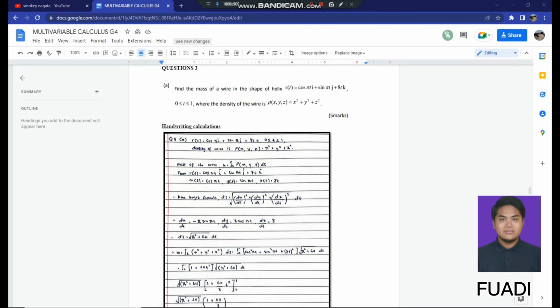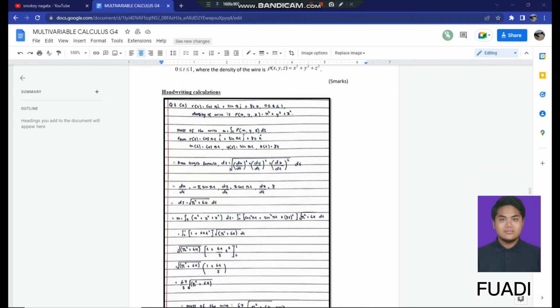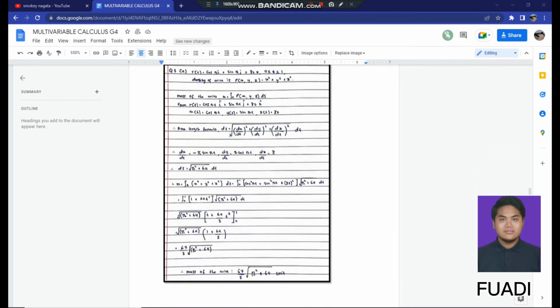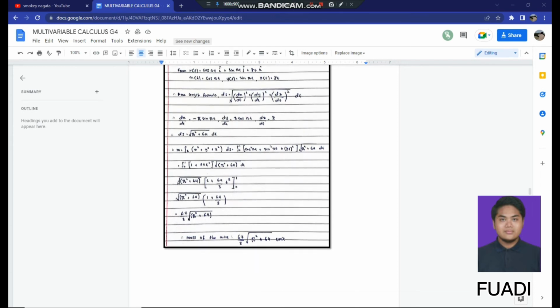Find the mass of a wire in the shape of the helix r(t) equals cos(pi t) i plus sin(pi t) j plus 8t k. This is the handwriting calculation that I made. This is the arc length formula, ds equals this, and this is the next step to get the ds calculation.